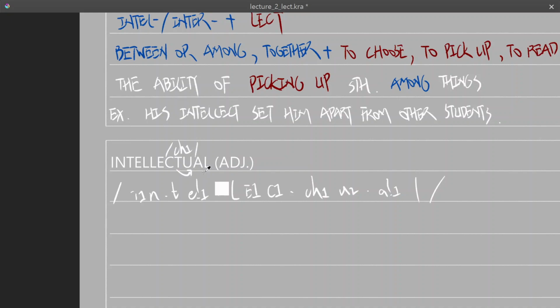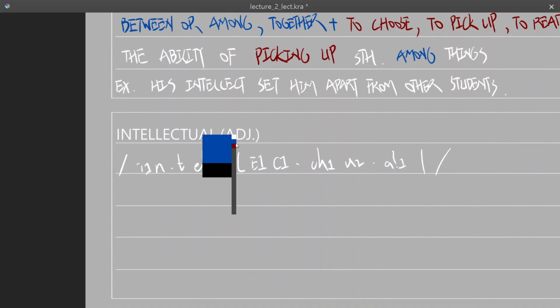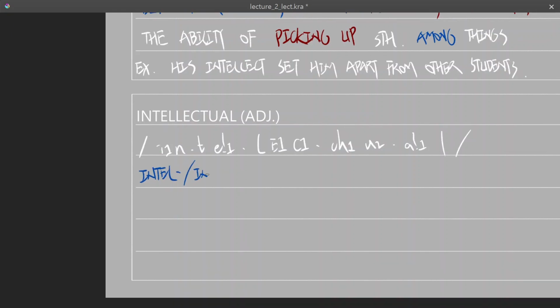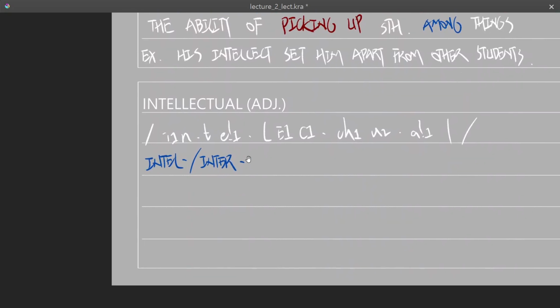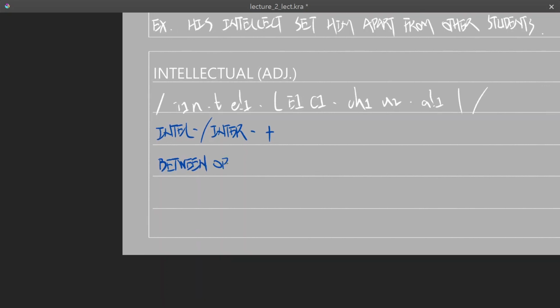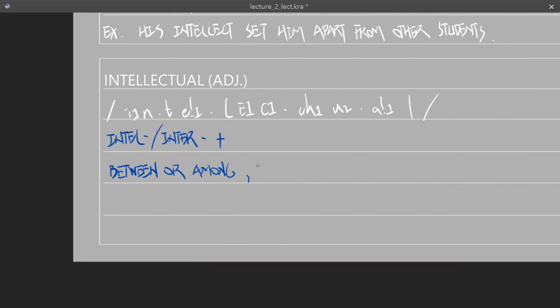Now let's move on to etymology. So again, we have the prefix intel or inter, meaning between or among or together.